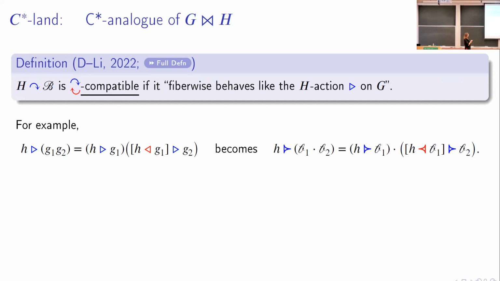If H acted on a product, it's the same as acting on the first component and then H-inverse acting on the second component. And I want the exact same type of thing to be true in my Fell bundle, where if I act on the product in my Fell bundle, it's the same as acting on the first and then taking the Fell bundle product with H-inverse acting on the second. And you do that with all the other axioms that you have.